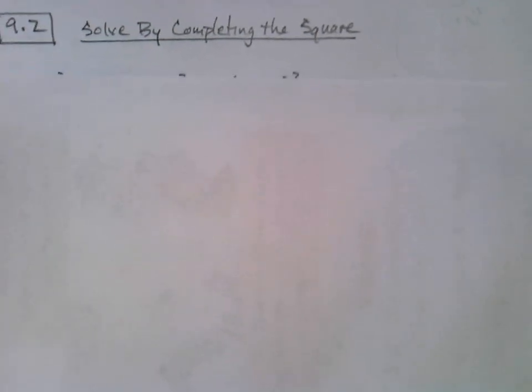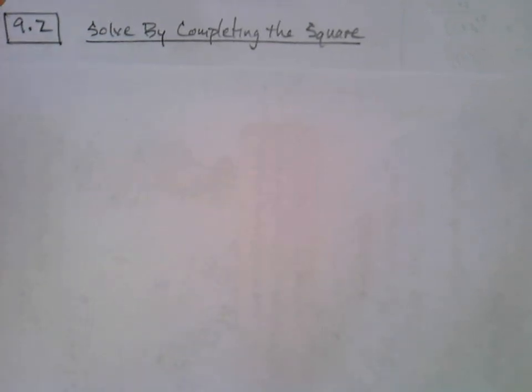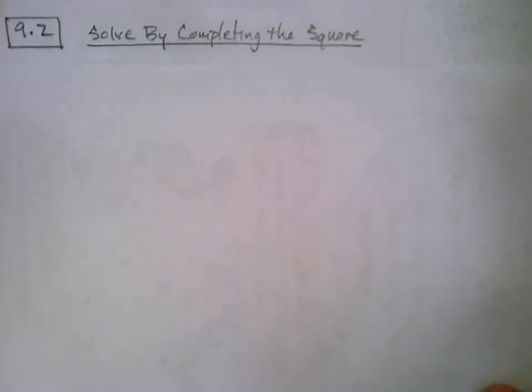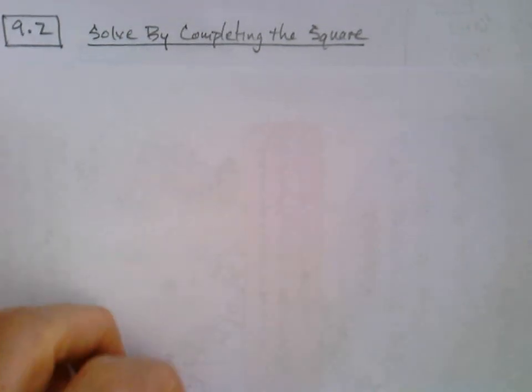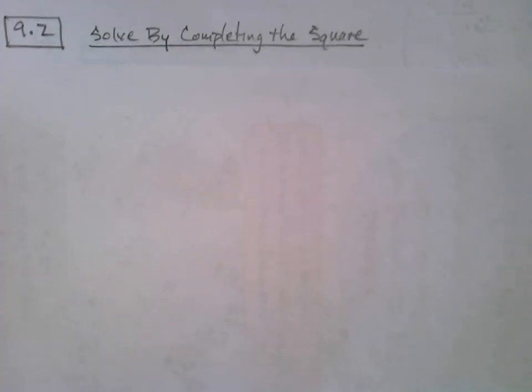Okay, so then you ask, all right, what's this section all about? Why is it so hard? It doesn't seem so bad so far. It's called solving by completing the square. Completing the square in its own right is a very handy algebraic tool that comes up every once in a while, even as high up as you go in math.